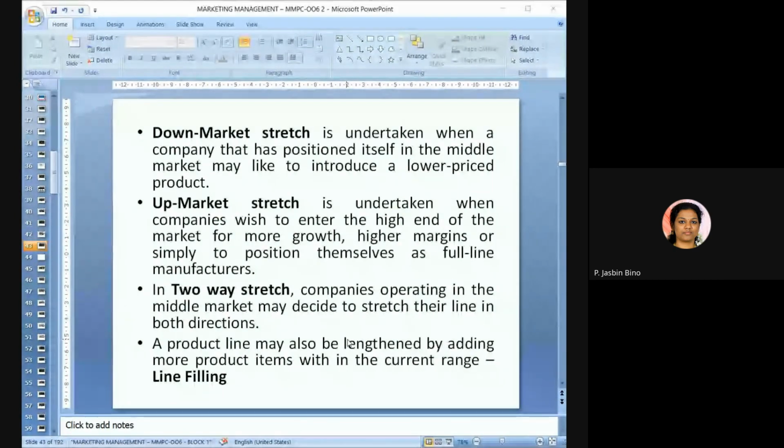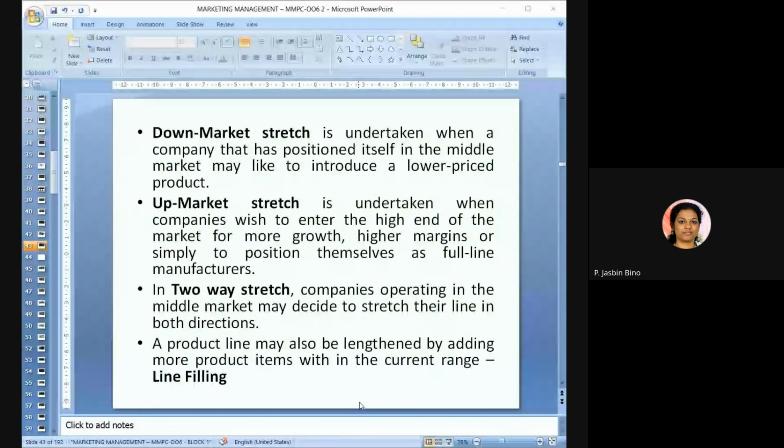So they will be selling a normal range of products, positioned in the middle market, and they will like to introduce a product which is of low price. Then upmarket stretch is undertaken when companies wish to enter the high end of the market for more growth, higher margins, or simply to position themselves as full line manufacturers.